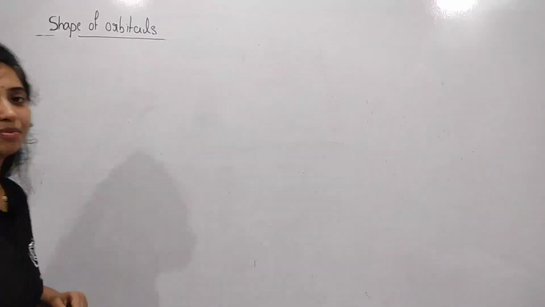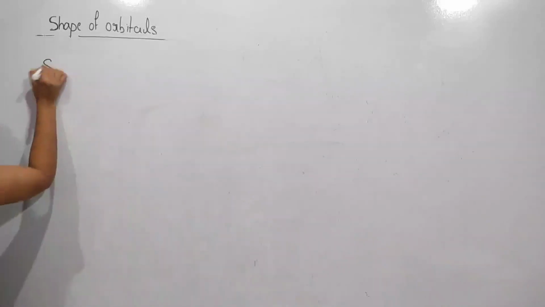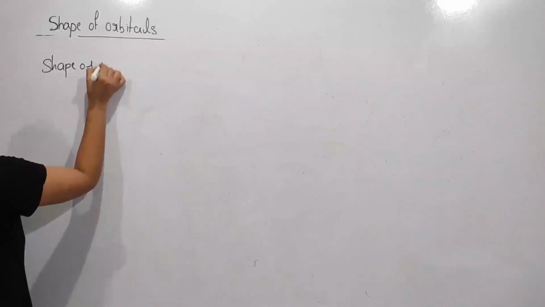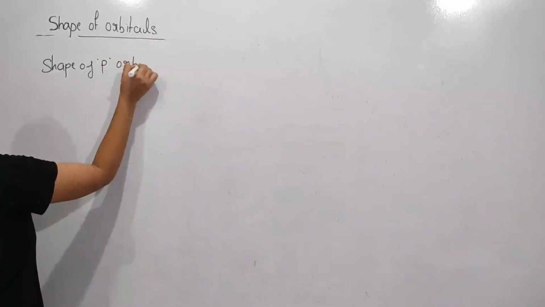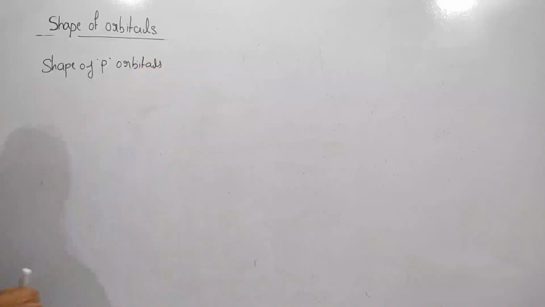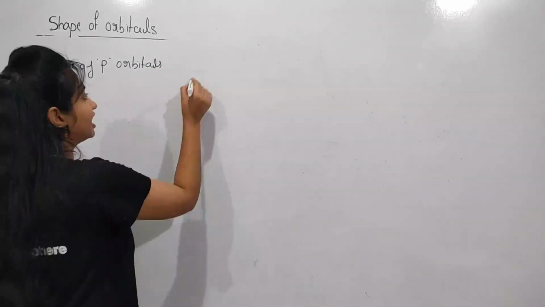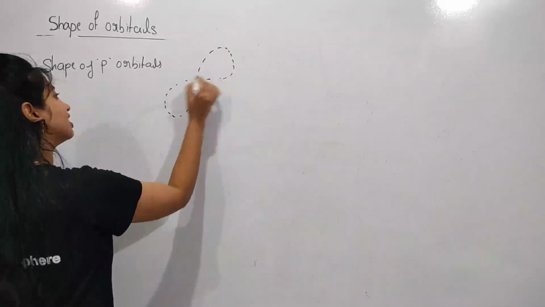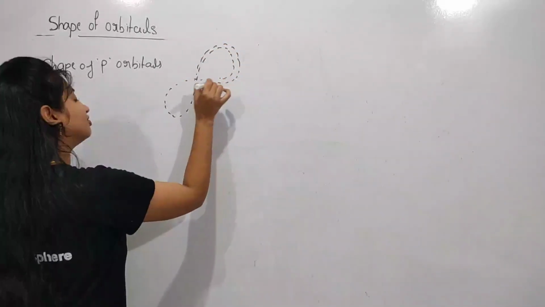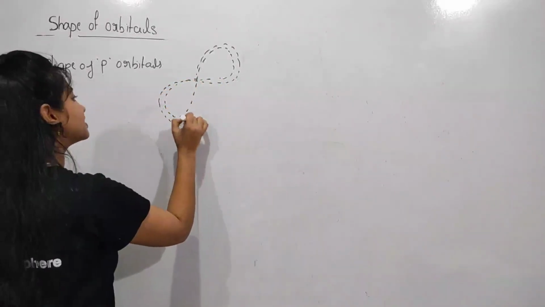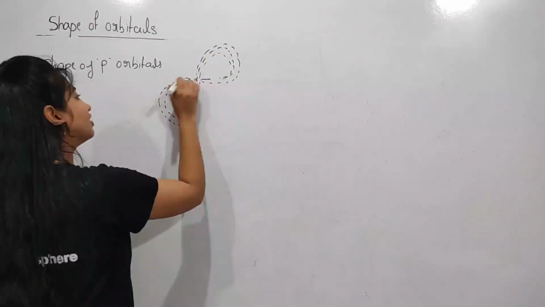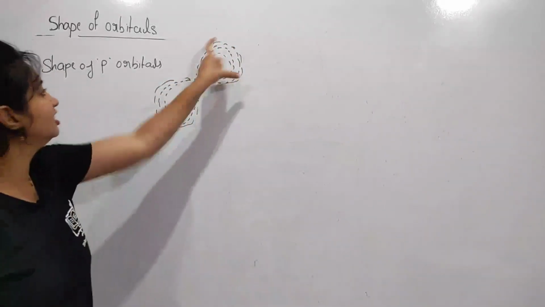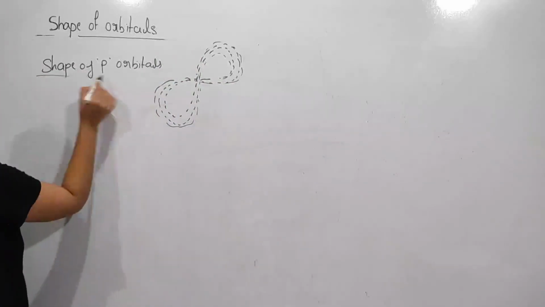Let me tell you about the shape of the p orbital. In this orbital we get the electron density in a dumbbell shape. Here we have the maximum probability of meeting an electron in the p orbital.